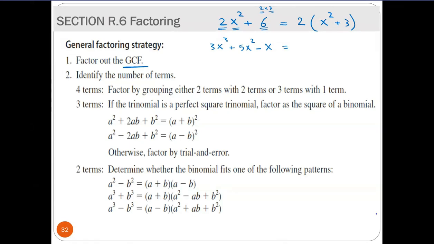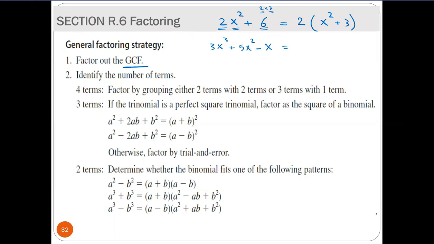We don't have any common factor between them. But we have x to the power 3, x squared, x. So the greatest common factor here, what is the value of x? Is it x or x squared or x to the power 3? x.